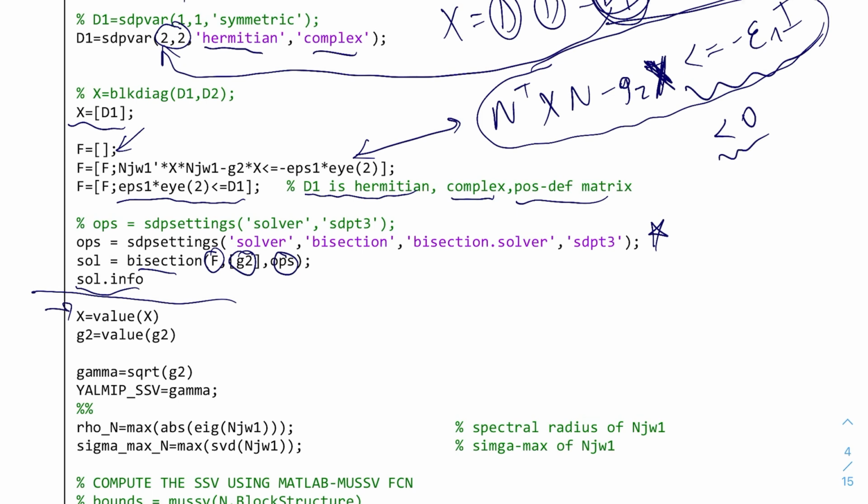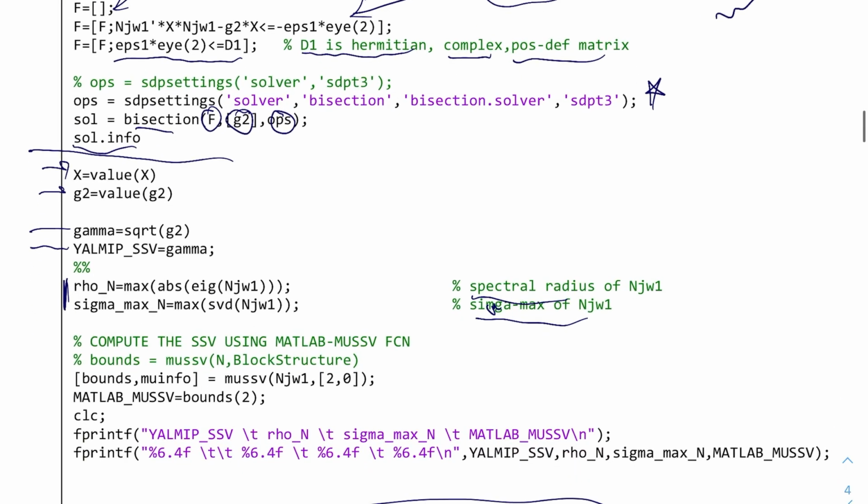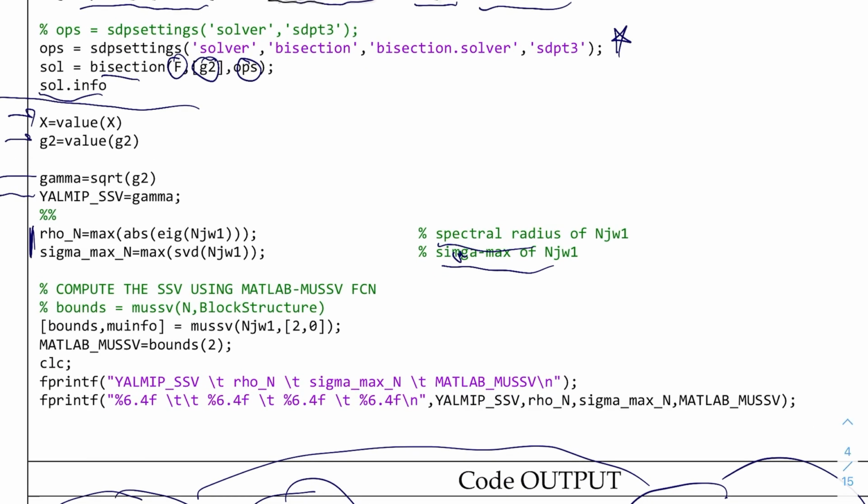And after the solution we get our x and g2, and g2 is like gamma square. And then we get the square root of it and we call it Yalmip SSV. Okay, and as in the previous case we check spectral radius and sigma max.